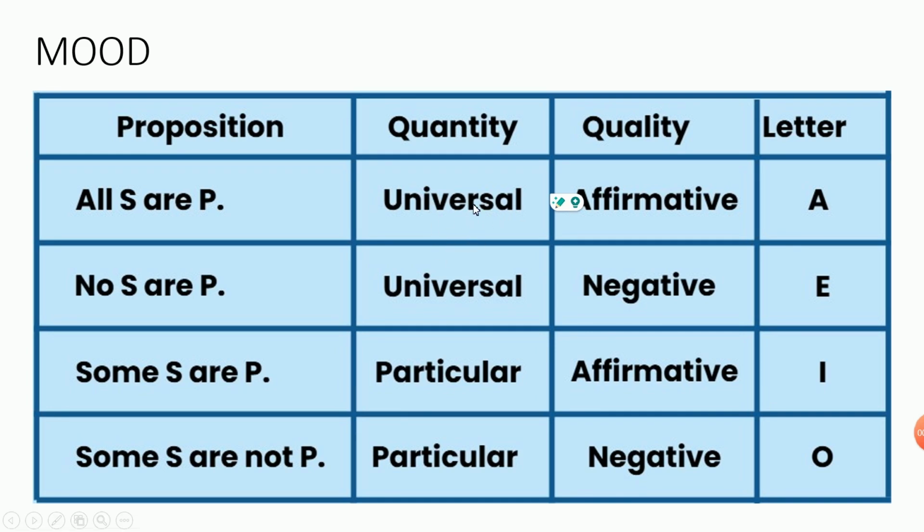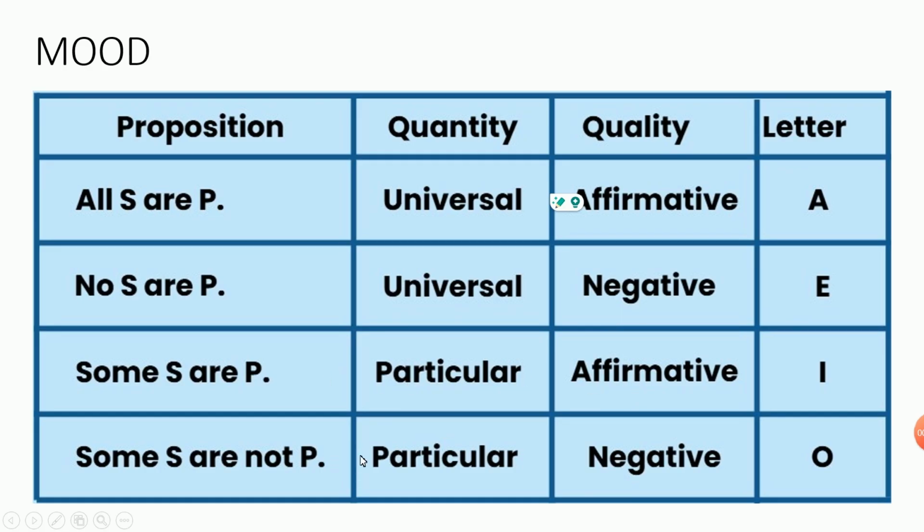First is universal, fully covering, that is either everything, all S are P or no S are P. So that is universal affirmative and universal negative.